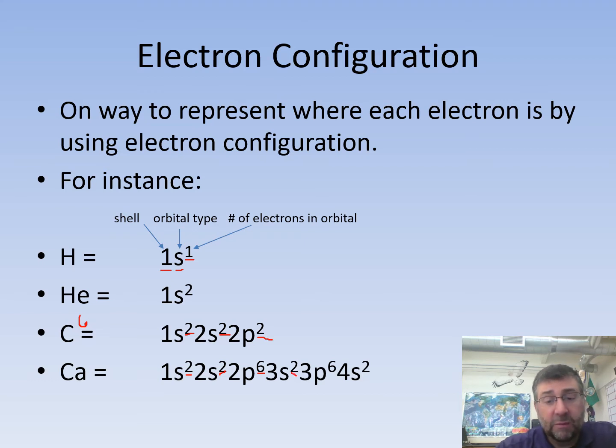And then, of course, the 3p can also hold 6, so we're going to add 6 there. And then there are 2 left over, and so those 2 are going to get bumped out to the fourth energy level, the fourth shell, and there's going to be 2 more located right there. So we would say that the electron configuration for calcium is 1s2, 2s2, 2p6, 3s2, 3p6, 4s2.